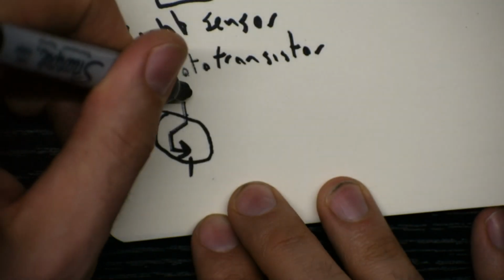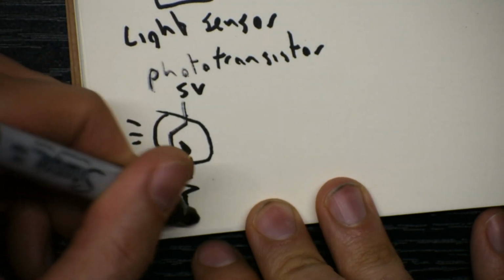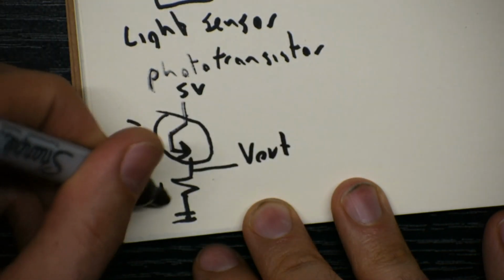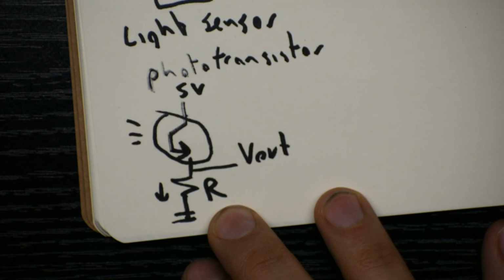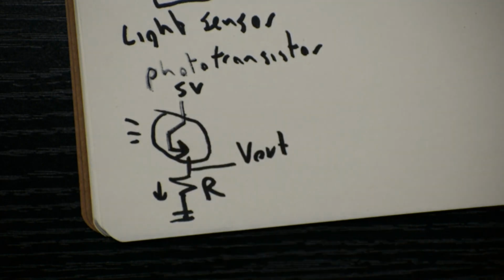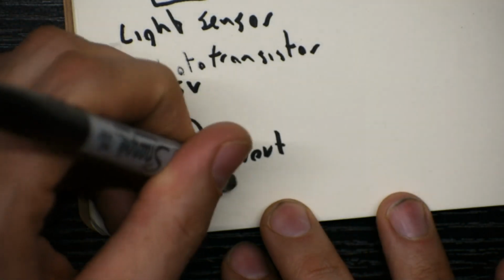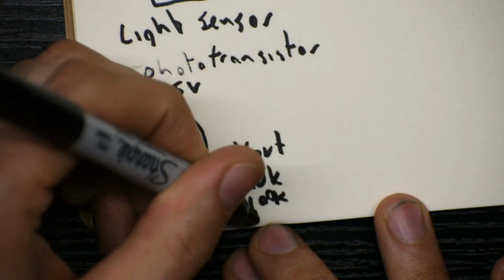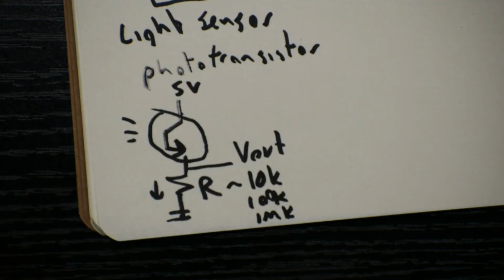And the phototransistor acts like a little switch, so it allows current to flow when light hits it. So we will turn that current into a voltage, so V out is I times R. I is proportional to light. So V out is now proportional to the amount of light that comes in. And we're usually in the order of 10K, 100K, a million. Pretty big resistors because the current is typically small.